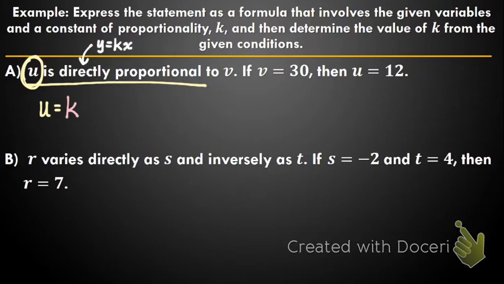What we had from the previous screen is directly proportional, is y is equal to kx. Instead of the letter x, what variable are we using here? Directly proportional to v. That is my formula. So if this was a homework question, that would be my first answer.